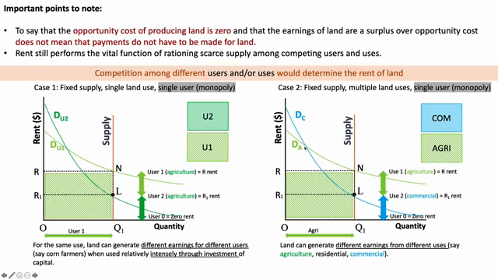Now, the demand curve for agricultural use is dA, represented by the green curve, and that intersects with the supply curve at point N, corresponding to generating rent equivalent to R. On the contrary, the demand curve for commercial land is steeper and it intersects the supply curve at point L, and the rent corresponding to this point of intersection is R1, which is lower than the rent for agricultural use.